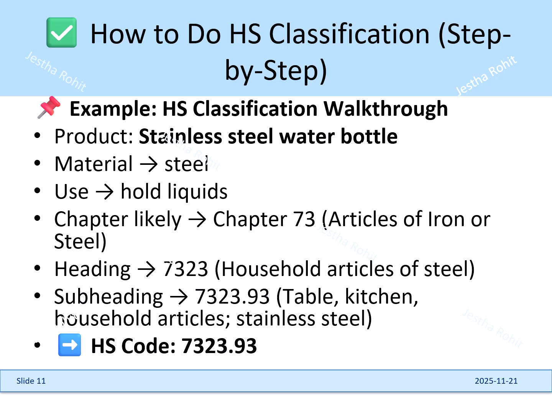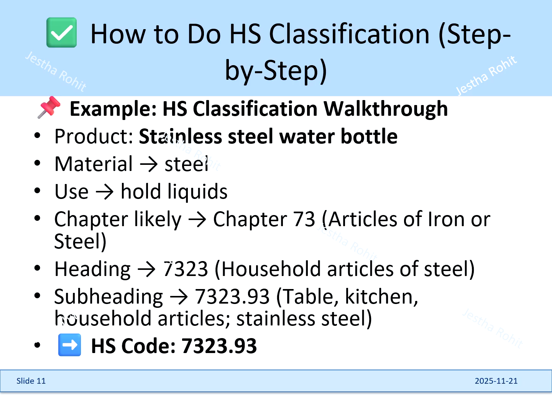Example: how HS classification works throughout. Product: stainless steel water bottle. Material: steel, used for holding liquids. Chapter, likely chapter 73: articles of iron or steel.